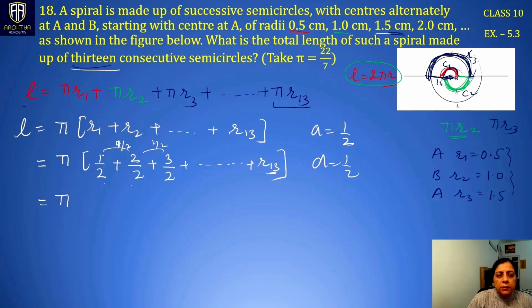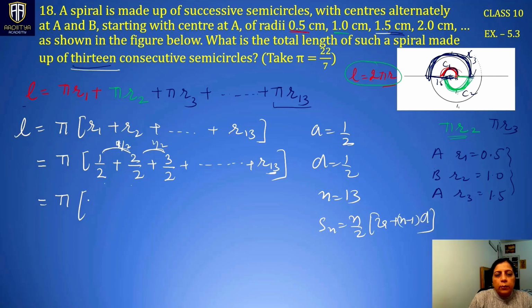You can see this is half, this is 1, 3 by 2. So every consecutive term is obtained by adding half to the previous term. Common difference becomes half, and the number of terms in the spiral is 13. So I am taking the sum of 13 terms of this AP. Sn is n by 2, 2a plus n minus 1 d.